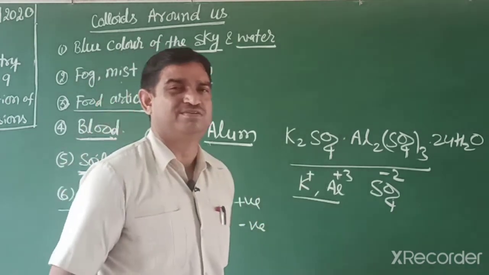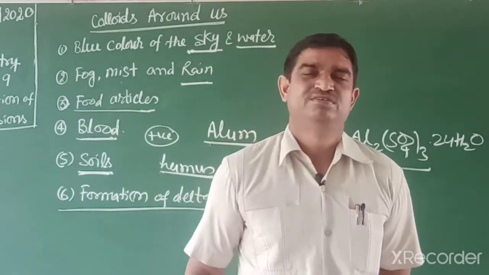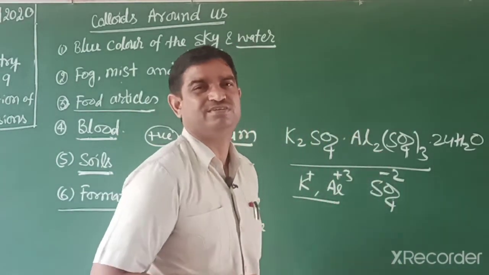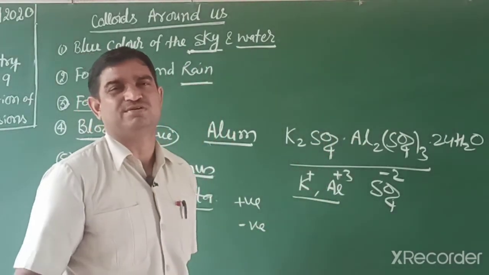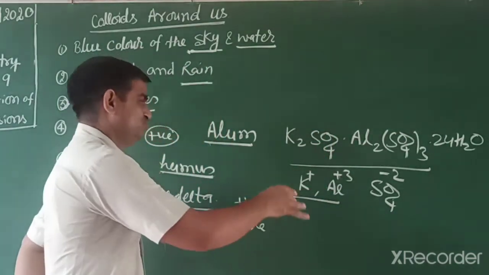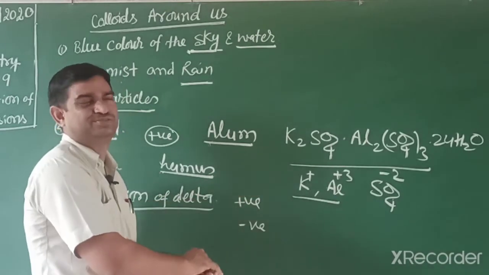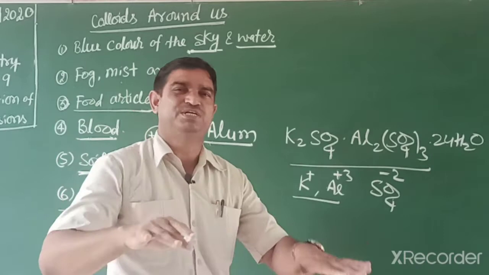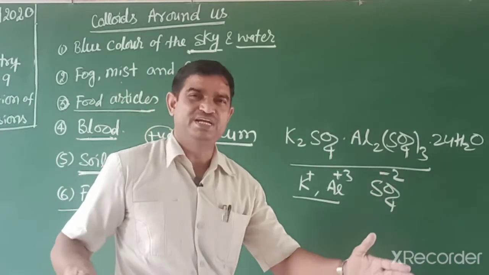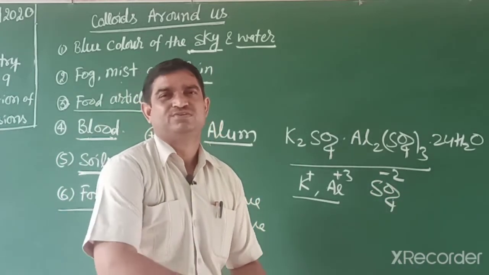In sea water, all types of salts, marine salts, salty lakes are available: sodium chloride, potassium, magnesium, all the salts. So again coagulation occurs. Due to coagulation, the particles have charge, so they precipitate out. So the river makes a delta near our coastal area.